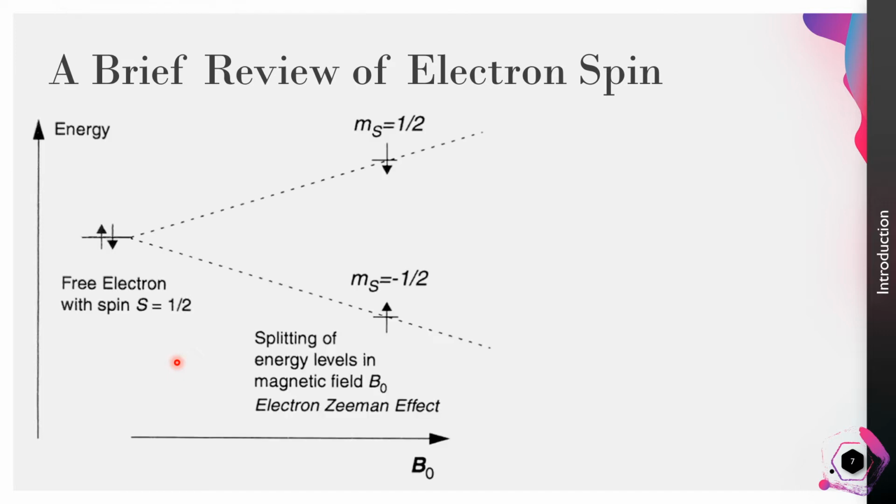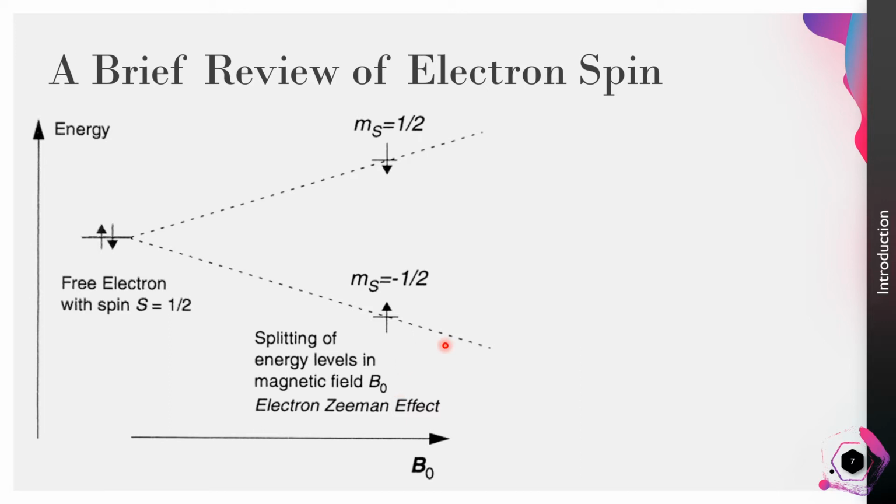However, as we apply a magnetic field, we then split the energy levels, and we destabilize one electron, and we stabilize the other. And this is just based on that electron spin orientation relative to the external applied magnetic field B naught.